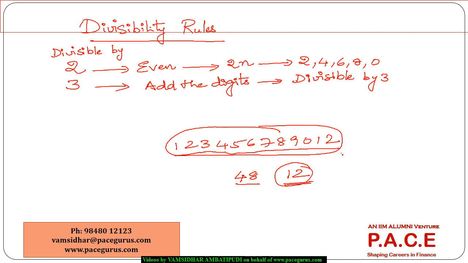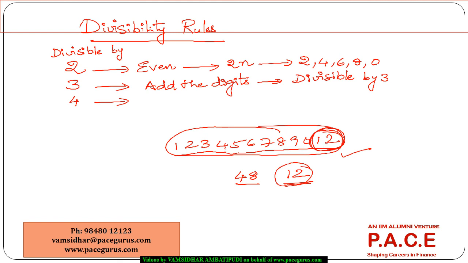Then, is this number divisible by 4? How do I really assess if this big number is divisible by 4? Simple thing is just check the last two digits. See if the last two digits are divisible by 4. 12. 12 is divisible by 4.